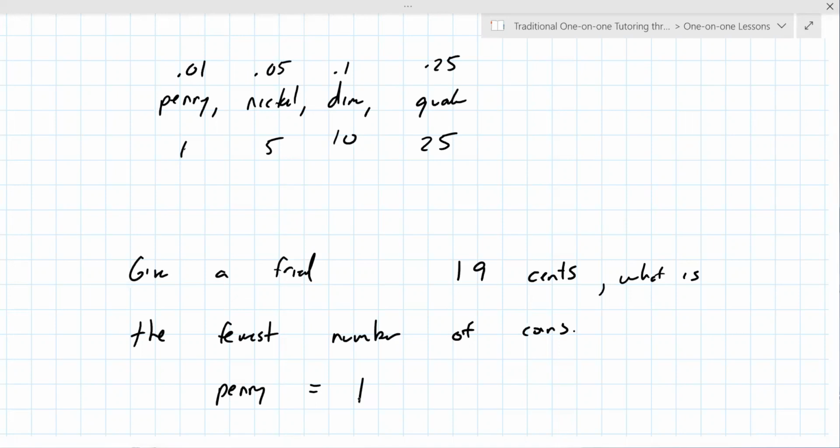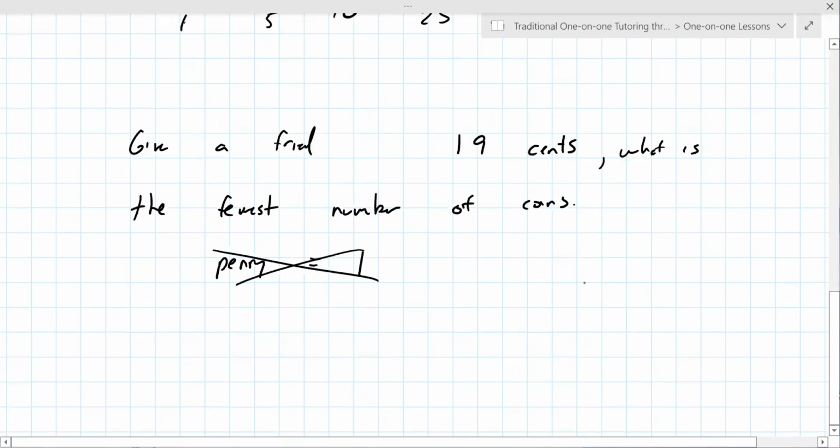So remember from last time, we actually start with the largest one that goes into it. What is the largest coin that goes into 19 cents? A dime. Yeah, so you would start with a dime.